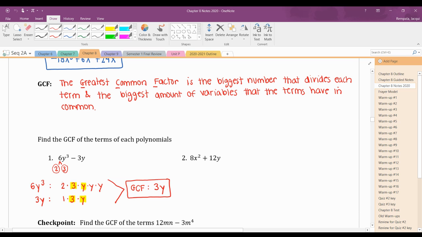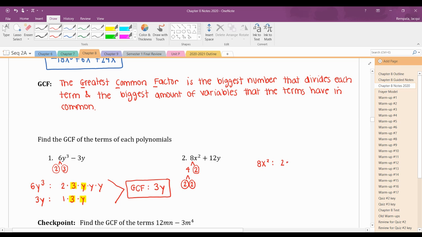If we take a look at this second example, we've got 8x squared plus 12y. So I want to start breaking up my numbers. 8 is really 4 times 2. I can't break up 2 any further, but I can break up 4. That's 2 times 2. So I know that 8x squared, if I multiplied out my numbers, it's only the numbers that I have circled.